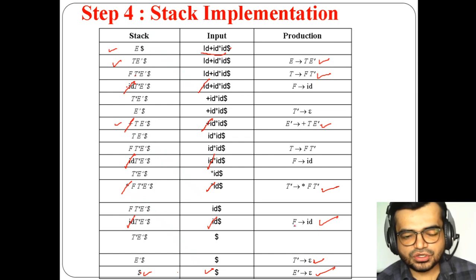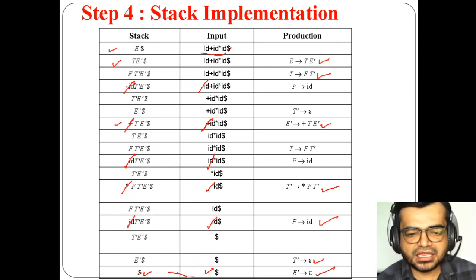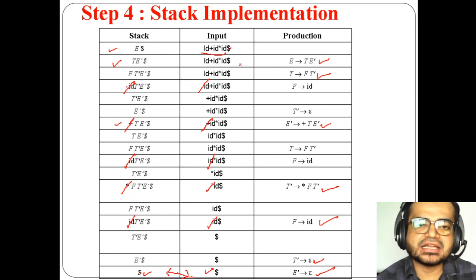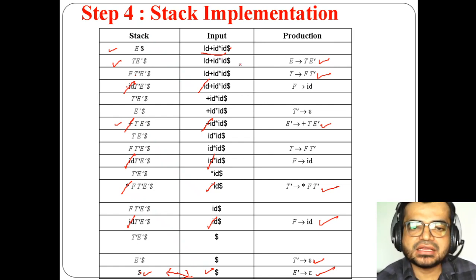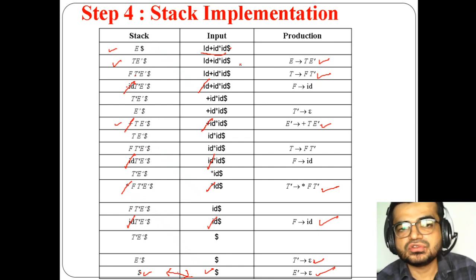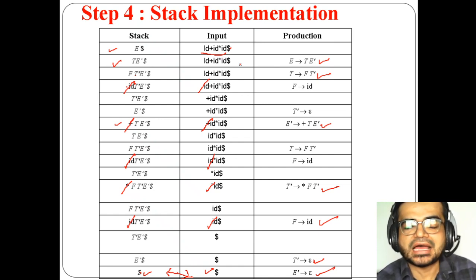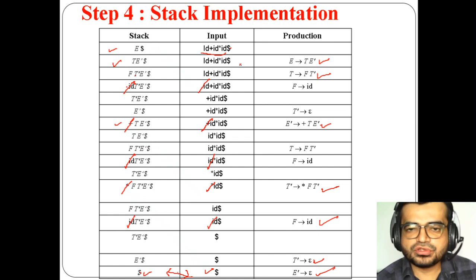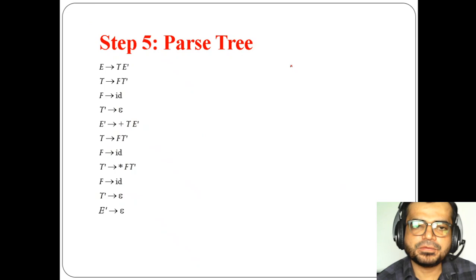As both of them are same, that means this input is satisfying the given grammar, and with the help of the given grammar you can generate a parse tree to derive the given expression, that is id plus id into id.